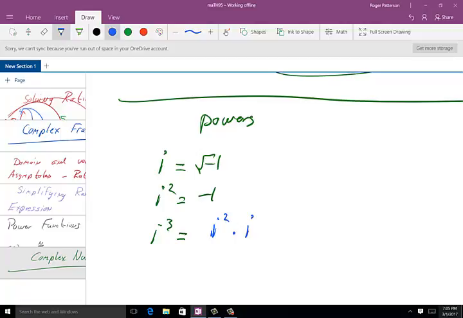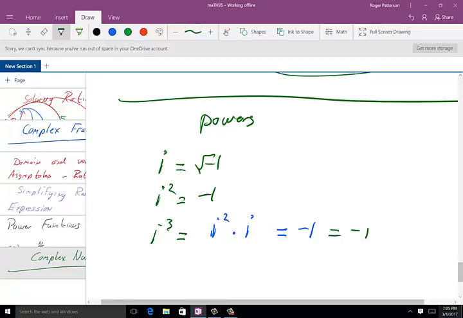Because i squared is equal to negative 1, and because we add the exponents, we get i. What's i squared equal to? Negative 1. So i cubed then is equal to negative i.